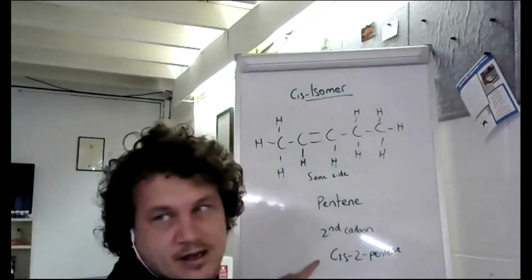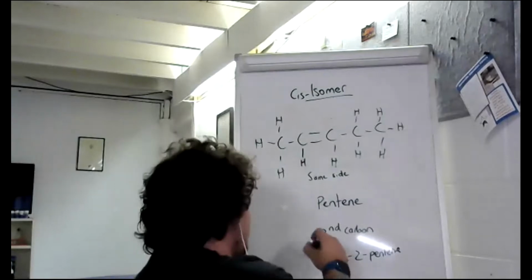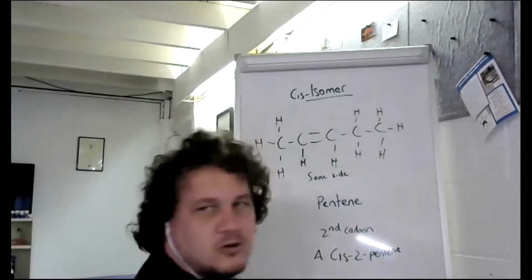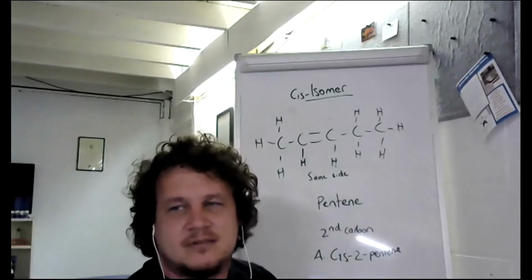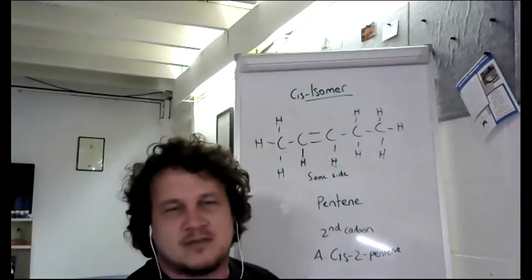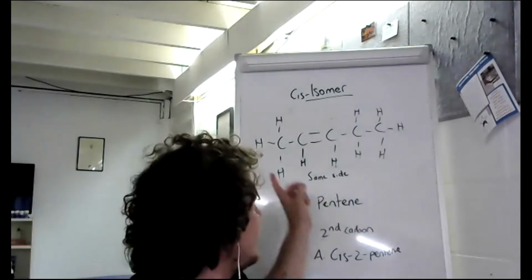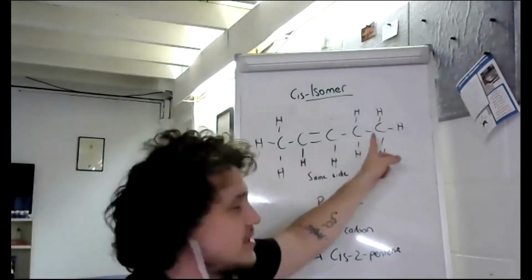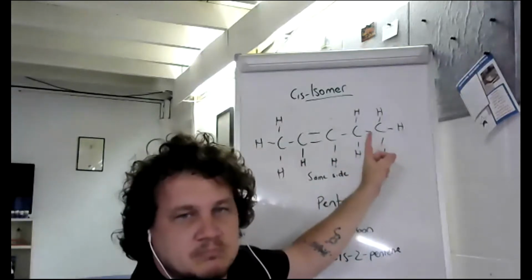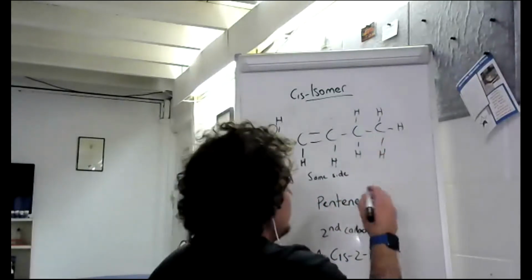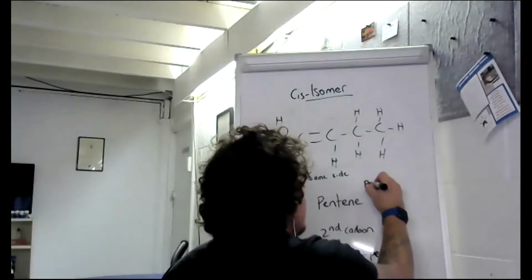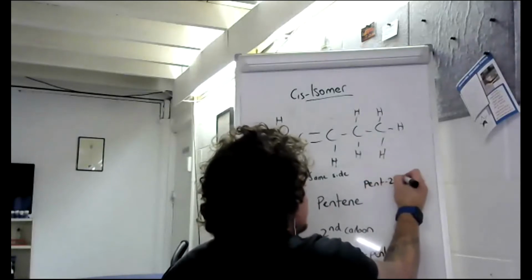So we've got A, which is cis 2-pentene, or we've got C, which is cis 1-ethyl 2-methyl ethene. Are there any side chains coming off this? So when we did it, and when you do it in class, you name it as pent 2-ene.